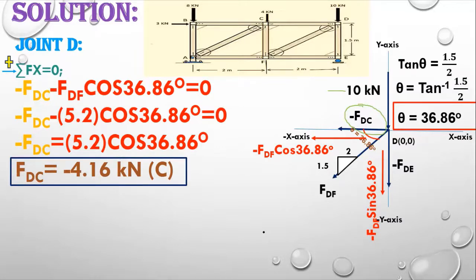If you want to check whether your member force comes out the same, you can confirm your answer by solving joint C, and you will get the value of member force FCD, or you can say FDC. So this is how the procedure or the solution works out. You can see how smartly I have done this solution, because I did not select all the joints.